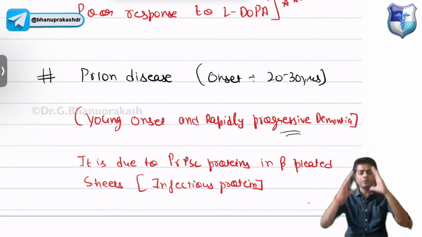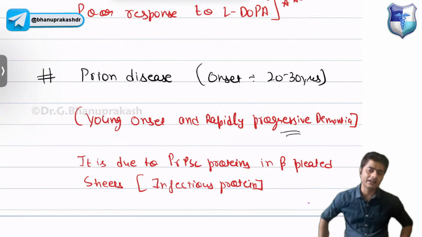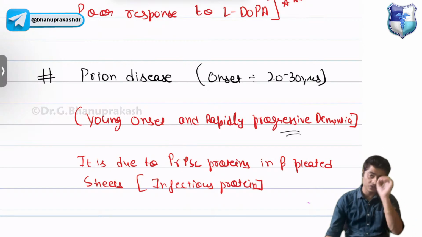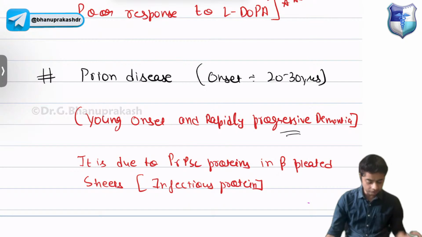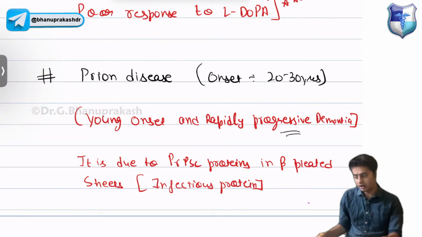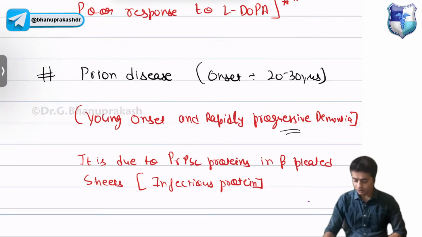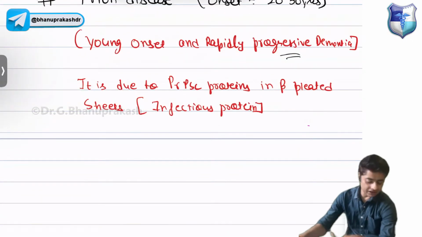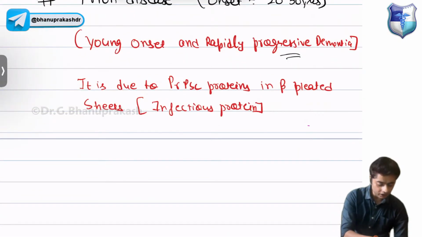But in prion disease, there is almost 100% mortality, generally 90%, and the patient dies within 1 to 3 years. Everyone till now, any doubt?